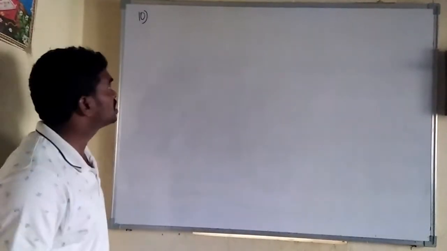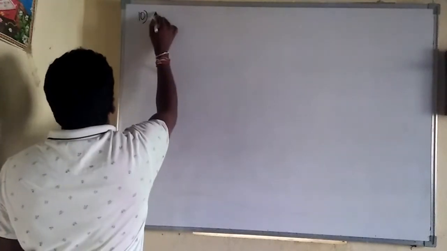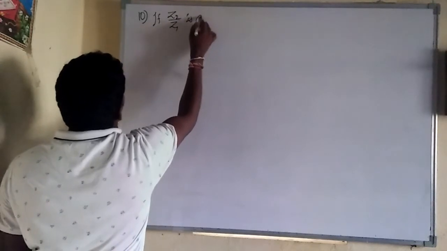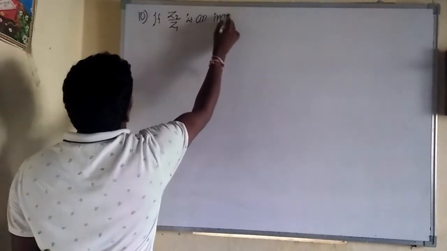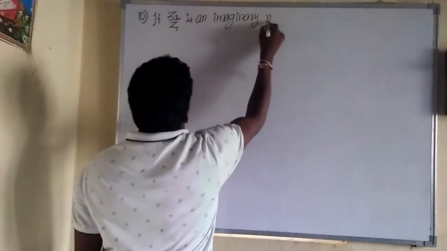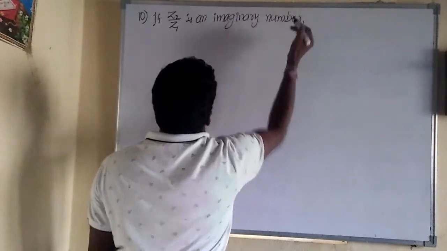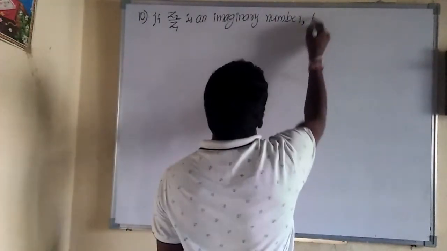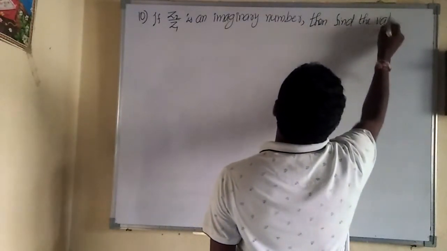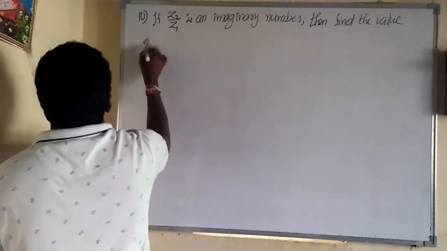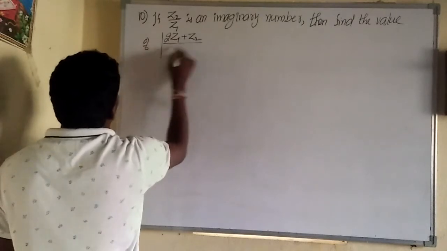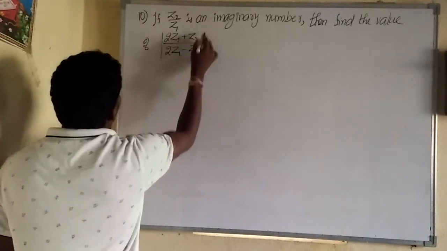See the next question. This is a very small question. If z2 by z1 is an imaginary number, then find the value of modulus of (2z1 plus z2) by (2z1 minus z2).